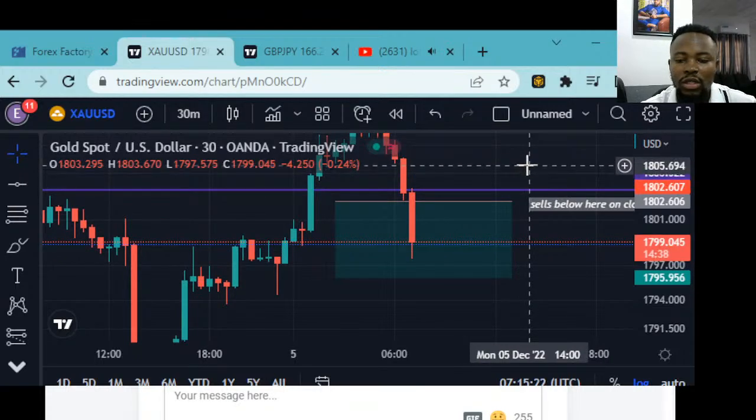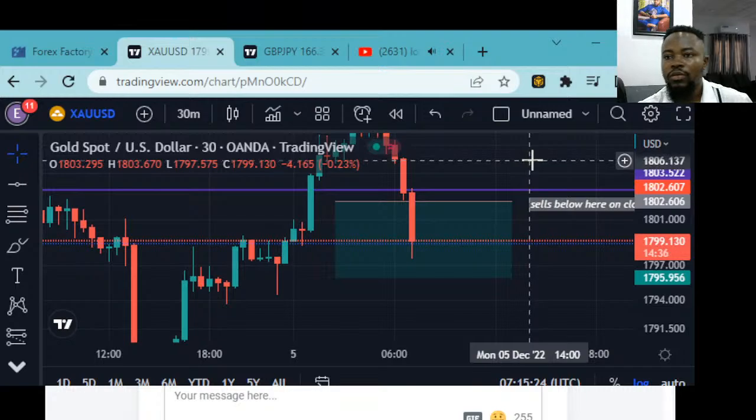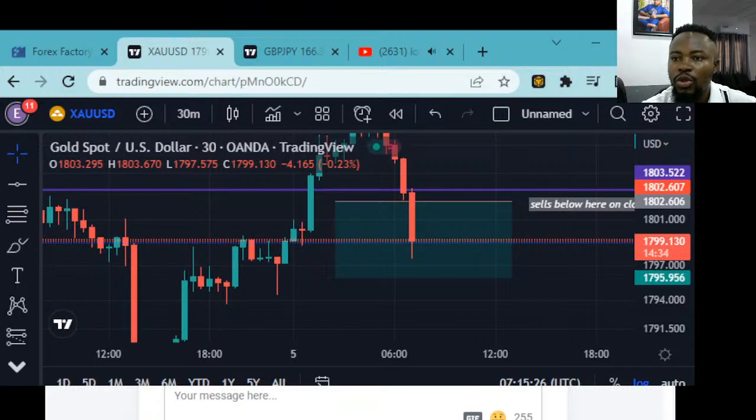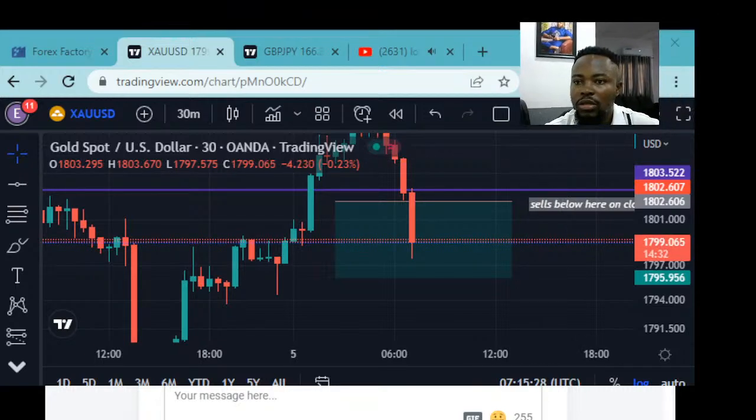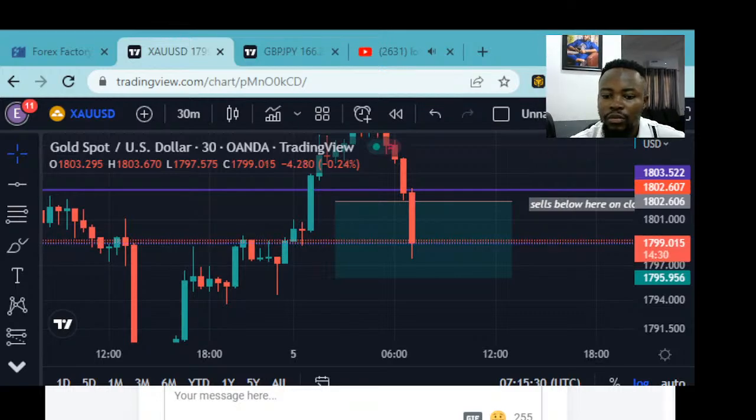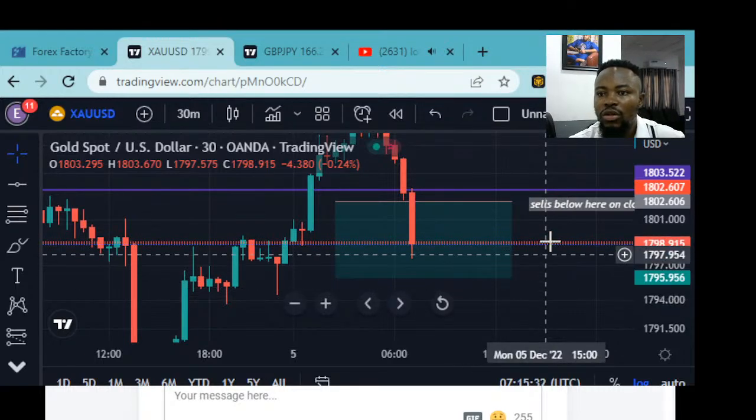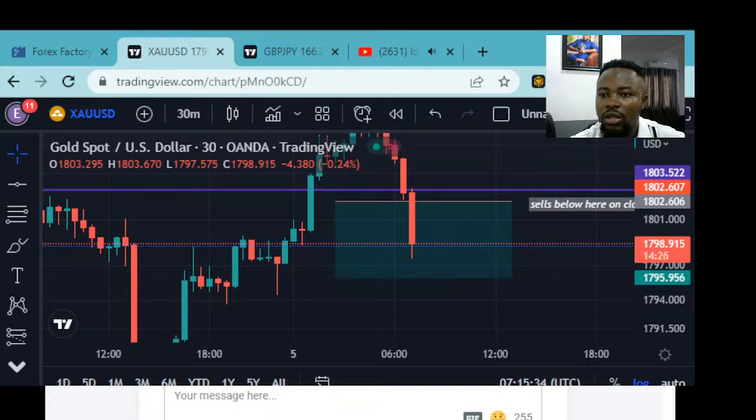We'll manage our risk. Risk management is the only thing that could keep you in the market for a long time. The moment you manage your risk, I think you are good to go. But if you don't manage your risk, trust me, you're going to have difficulties in the market. You're going to keep losing.